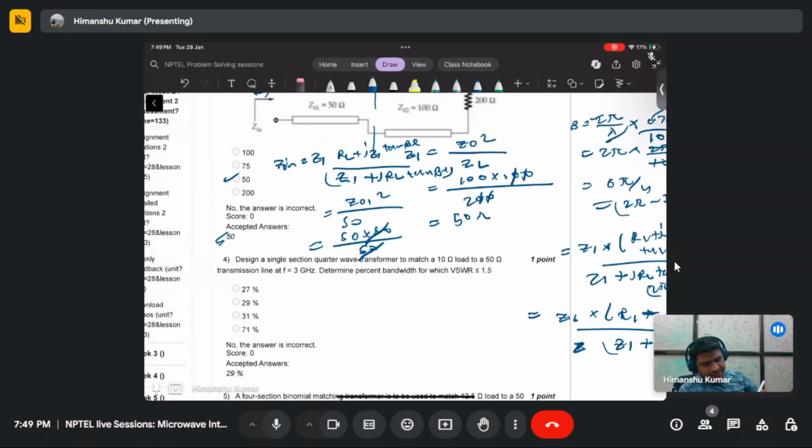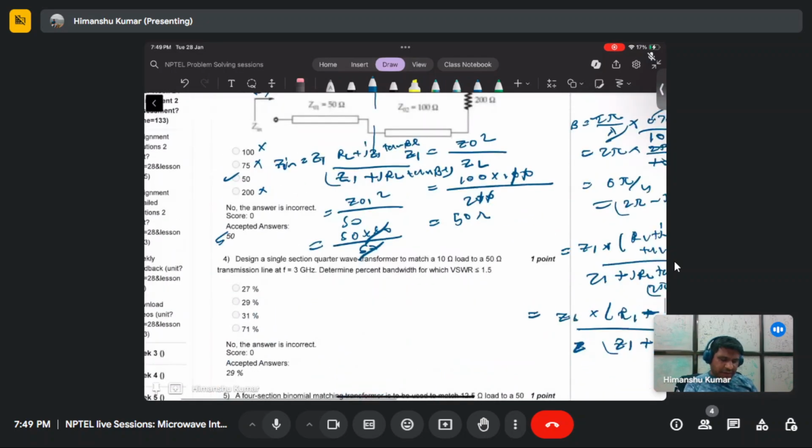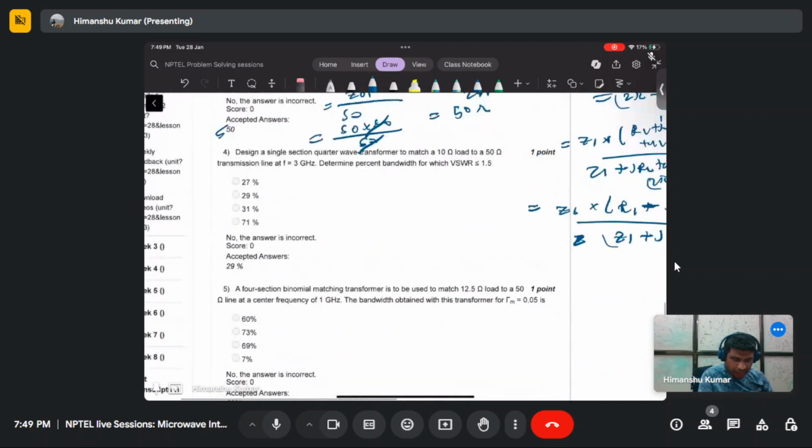The correct answer is 50 ohm; the first, second and fourth answers are wrong. The correct impedance is equal to 50 ohm.